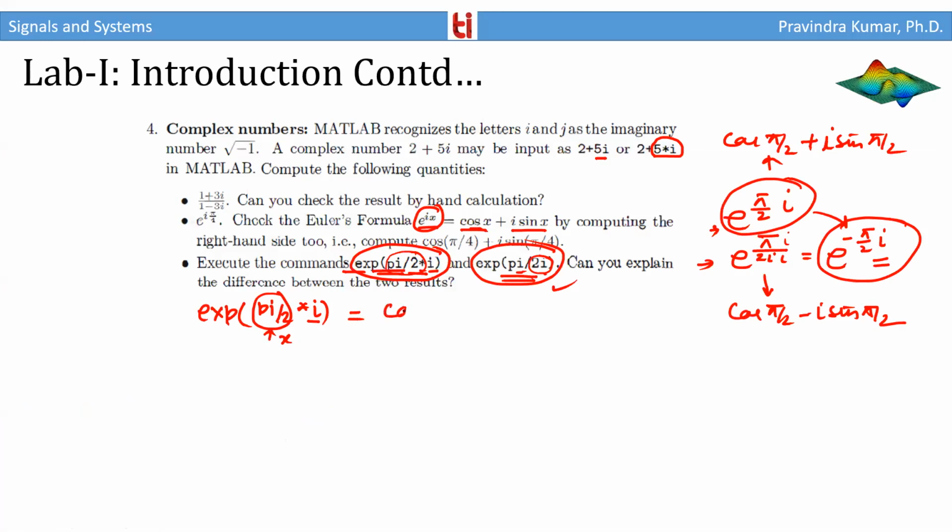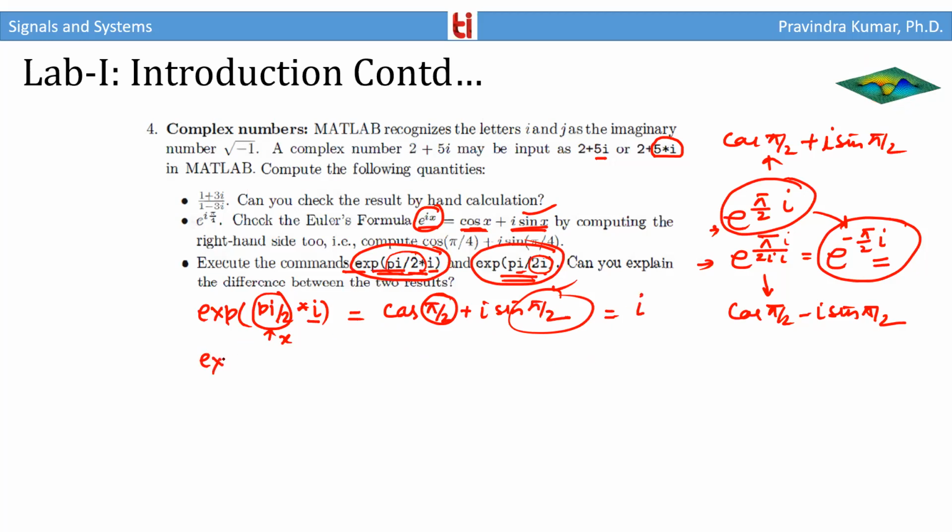So you can write cos pi by 2 plus i sine pi by 2 from this formula. e to the power ix means cos x plus i sine x. You know this thing. So if this is 0 and this is 1, you will get the answer is i.